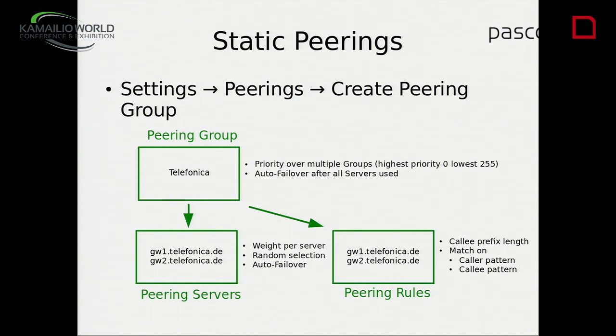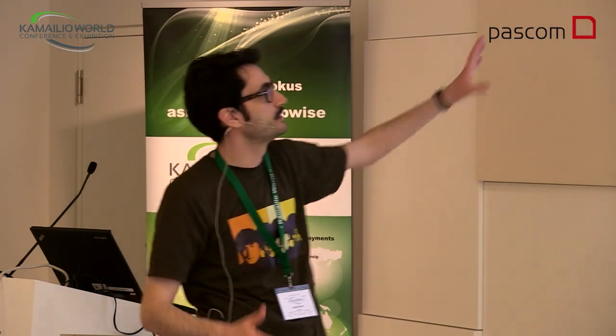Basically the selection of the peer is based on the peering rules. If one call matches two different peering rules in different peering groups, the priority will be used to set the peering groups as first trying.